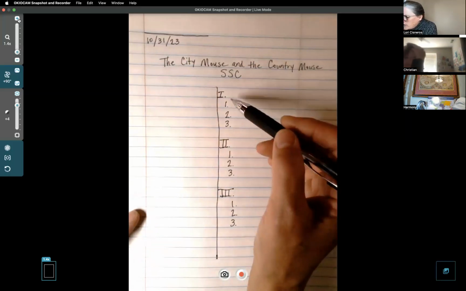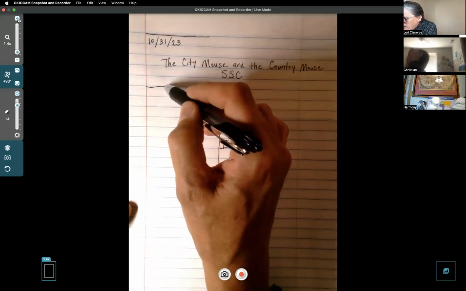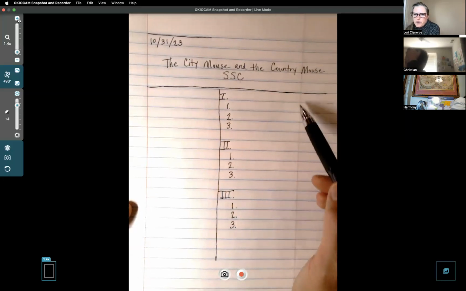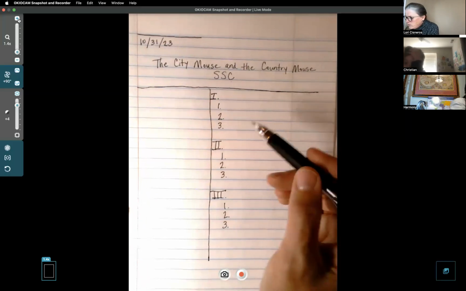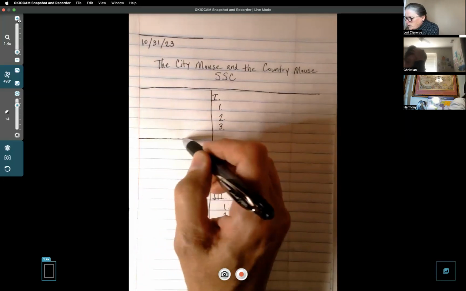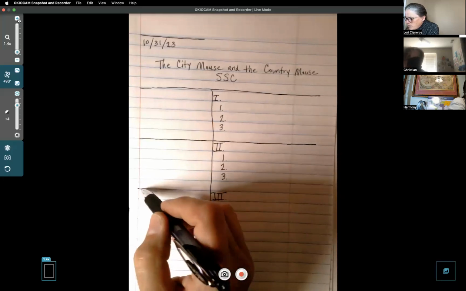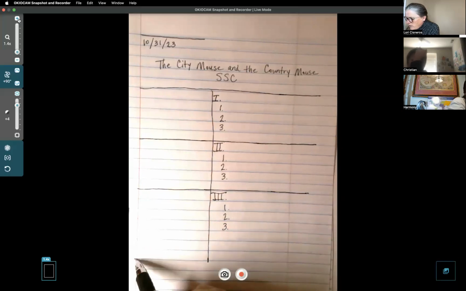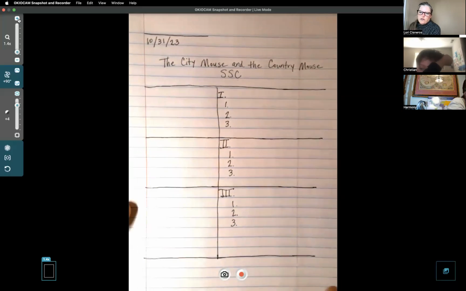Now, right on top of the Roman numerals, like right above the Roman numeral 1, you're going to draw this, trace that line across. By the way, I'm going past my red line just to make sure I have plenty of room here. Right on top of Roman numeral 2. Right on top of Roman numeral 3. And then wherever your line ends, mine is way down here, but wherever the bottom of yours is, go ahead and just follow it across.